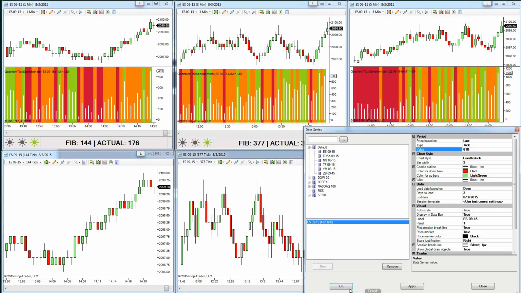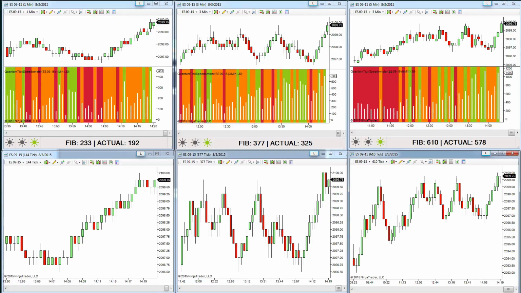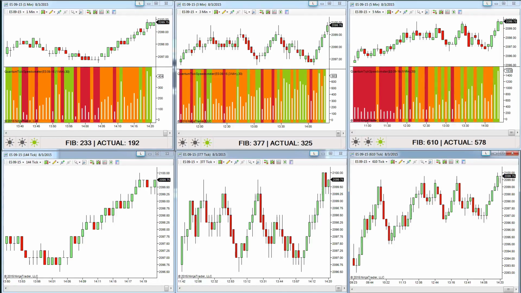Now I've set these all to the closest fib number. And if you watched the first video, you'll know that the tick speedometer presents two series of numbers. The first is the fib number, the second is the actual tick speed. Now, the only reason we have the fib number there, it's nothing to do with Fibonacci other than the fact that it just gives you an option to set your chart to the closest available to the actual.